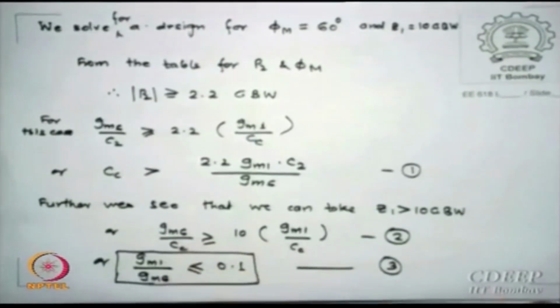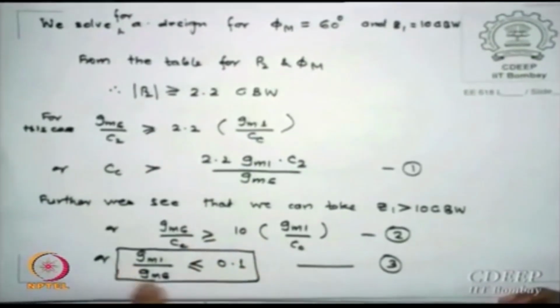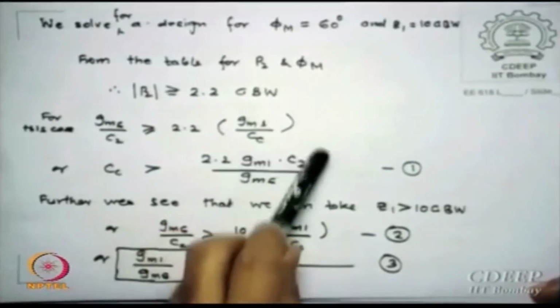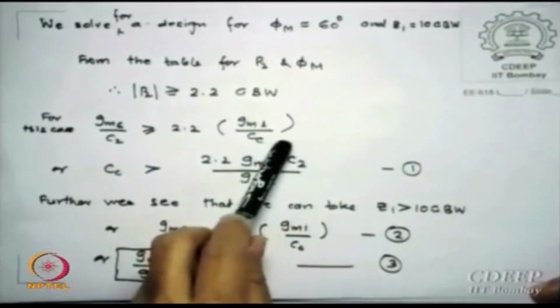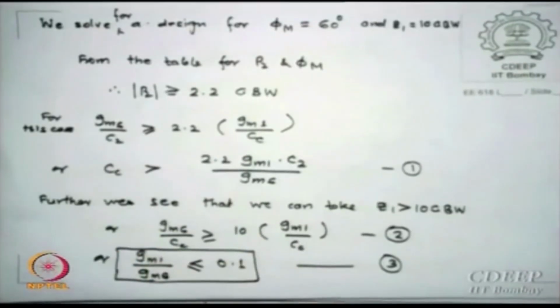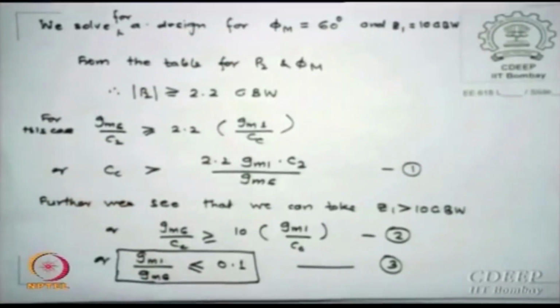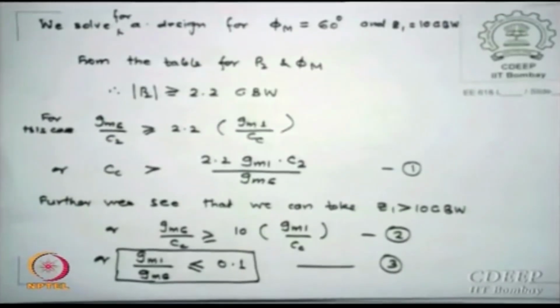Since this is the inequality, gm1 by gm6 should be less than or equal to 0.1, that's the possible. Now this value I can get, this is specified for me. So then what do I calculate? I can calculate the Cc value, is that correct? Because that is one spec which I didn't know how much to put Cc. So now I have figured it out, I can evaluate Cc.